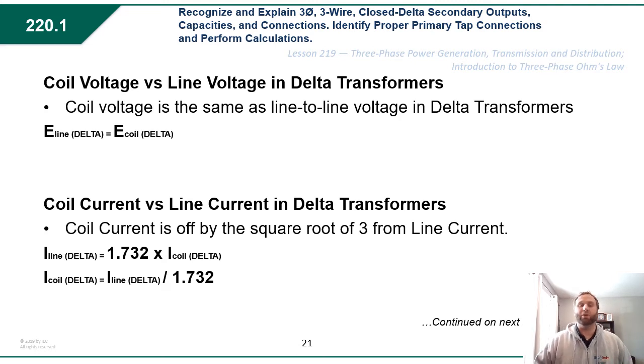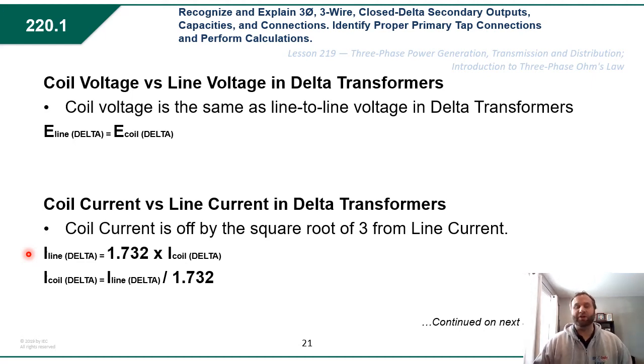Also, with the coil current versus line current in a delta transformer, coil current is off by the square root of 3 from line current. Now, you're probably saying, what the heck does that mean? Why is it off by the square root of 3? Well, what I mean by that is, if you look at the formulas below this, I line of delta equals the square root of 3 times I coil of delta.